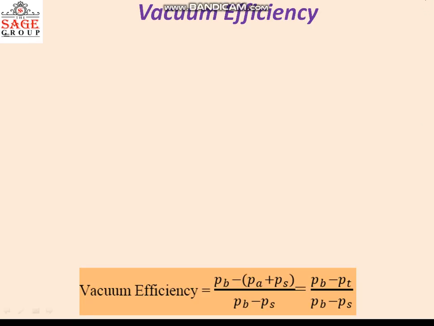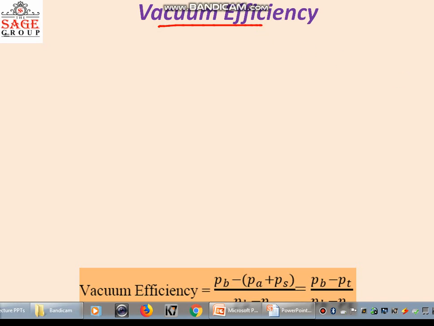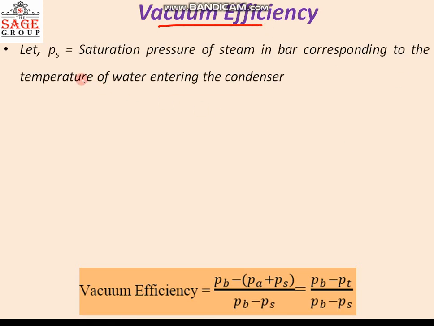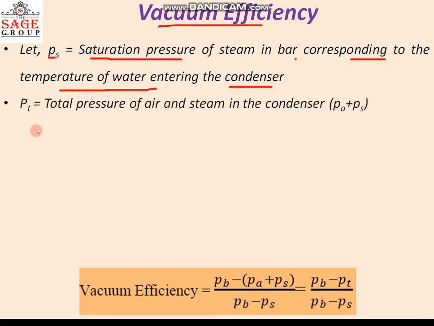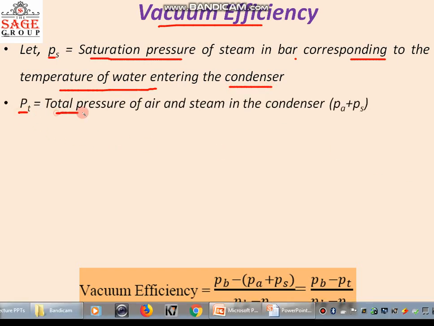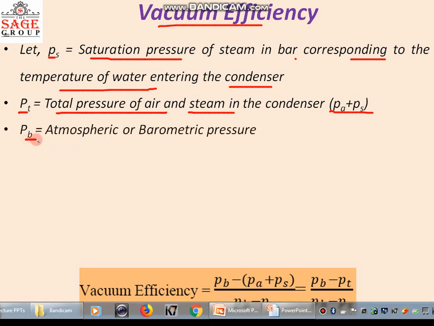Now vacuum efficiency. Suppose Ps is the saturation pressure of steam in bar corresponding to the temperature of water entering the condenser. Let Pt be the total pressure of air and steam in the condenser, which is equal to Pa plus Ps. Pb is the atmospheric or barometric pressure.